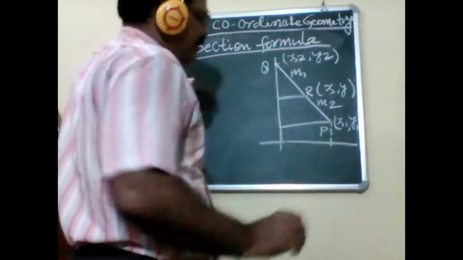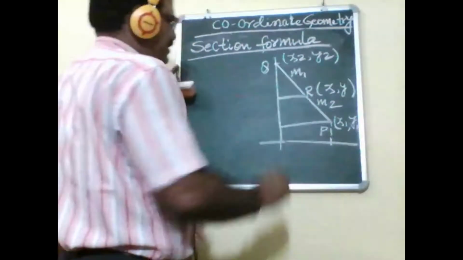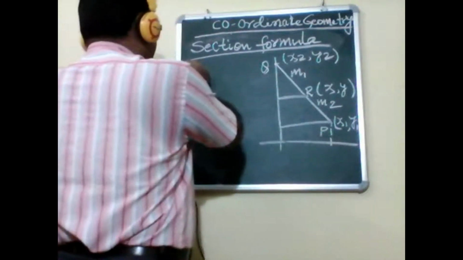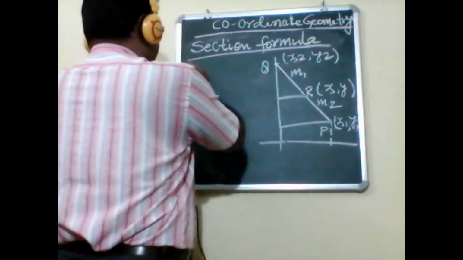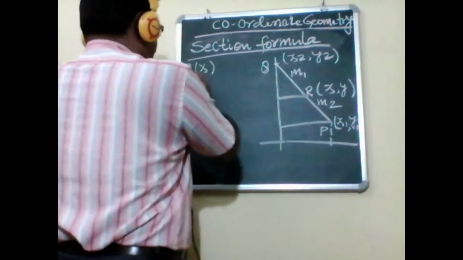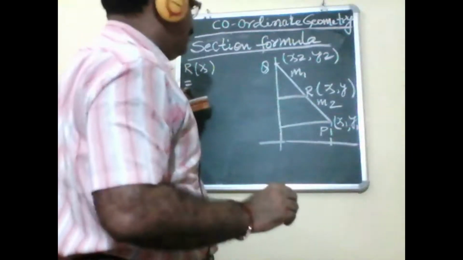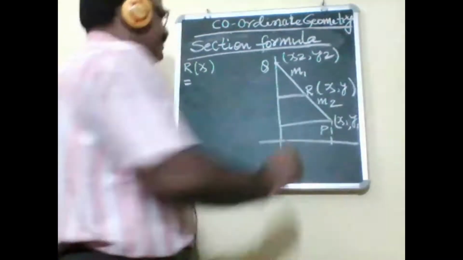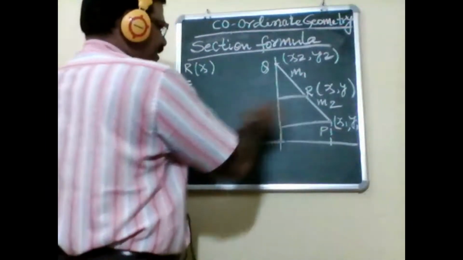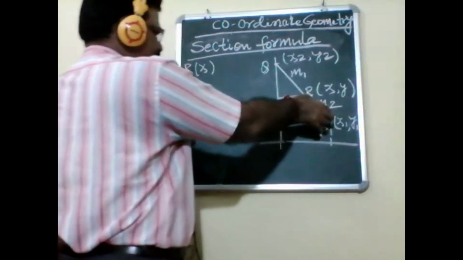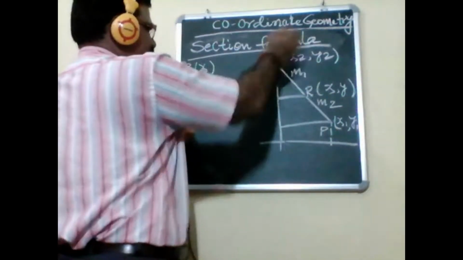So what we will do, it is very easy. The coordinates of point R, there are two coordinates. First, I want to know the x coordinate. So the x coordinate can be obtained like this formula: these ratios multiplied into this coordinate.